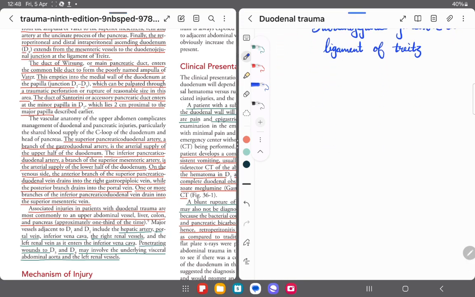So we have the ampulla of Vater with the major papilla at the junction of D2 and D3.